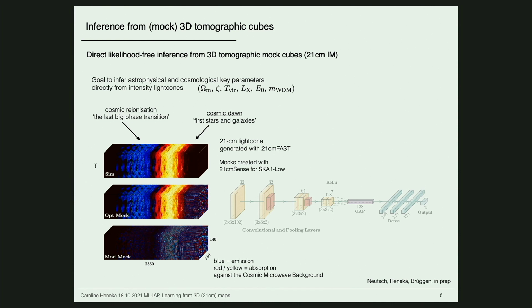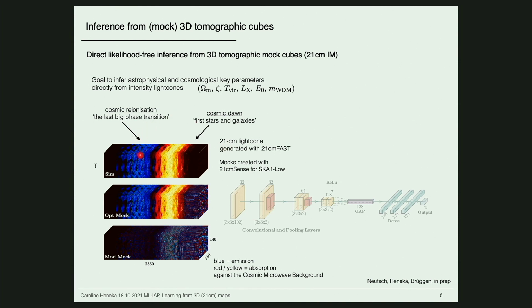We have the zeta, which is the ionizing efficiency, and as a simple test bed for cosmology, we use the matter density Omega m parameter, as well as a warm dark matter mass. We generate light cones, which are 2D spatial information plus frequency dependence, creating these 3D structures that evolve in time.